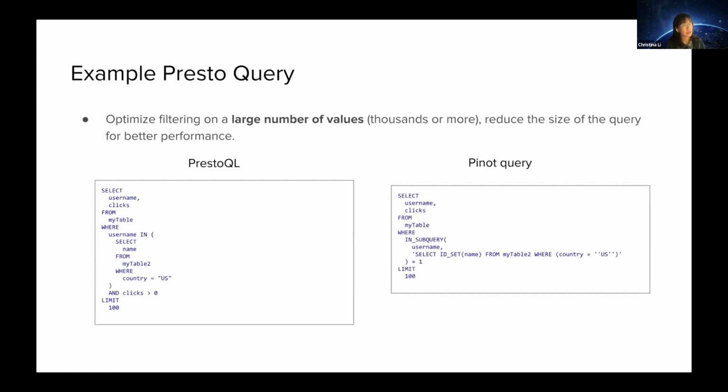The Pinot ID set function was rolled out last September, and was originally designed to solve this kind of filtering issue. So here we can optimize filtering on a large number of values, like thousands or more, and reduce the size of the query for better performance.